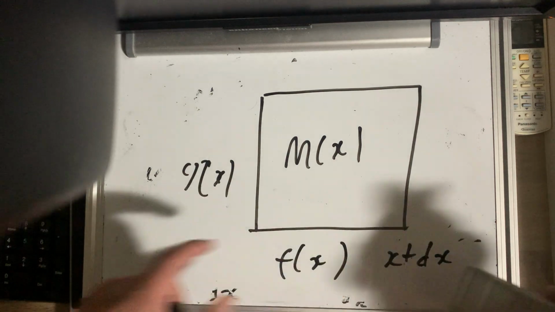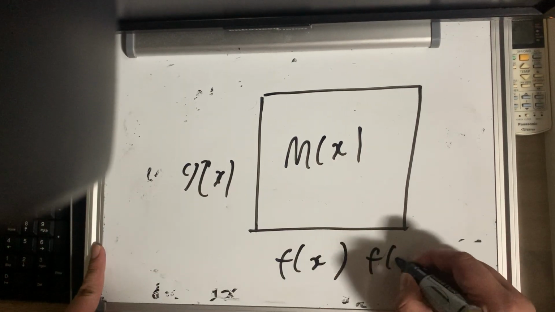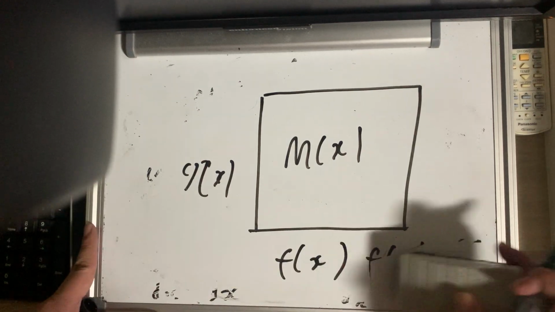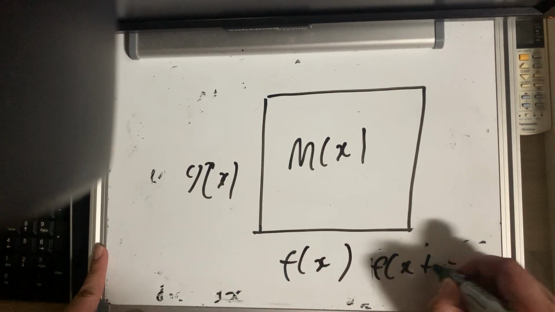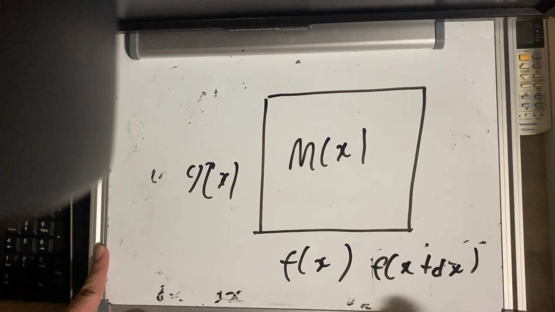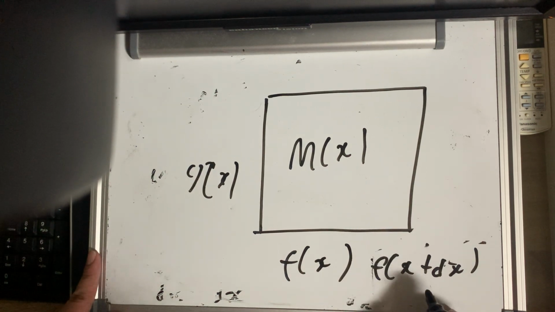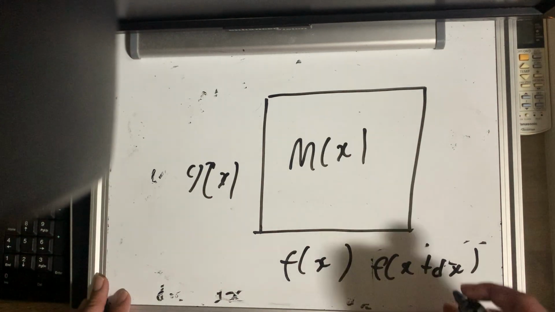And as a result, f of x, any function that can be called f of x, will turn from f of x to f of x plus dx, because it's being substituted with a different number. Instead of being substituted with x itself, it's being substituted by x with a slight nudge being put into the input.